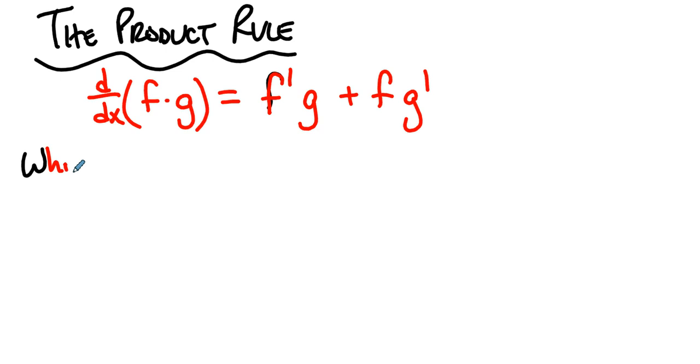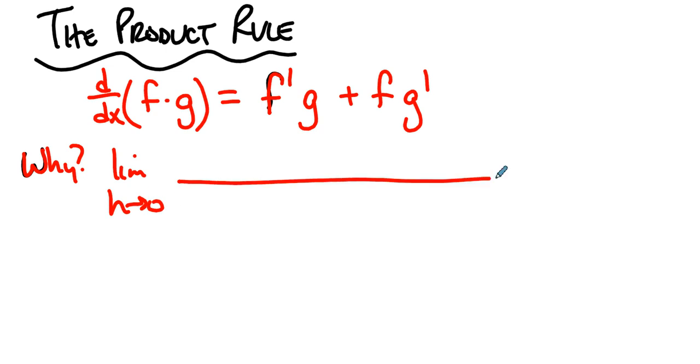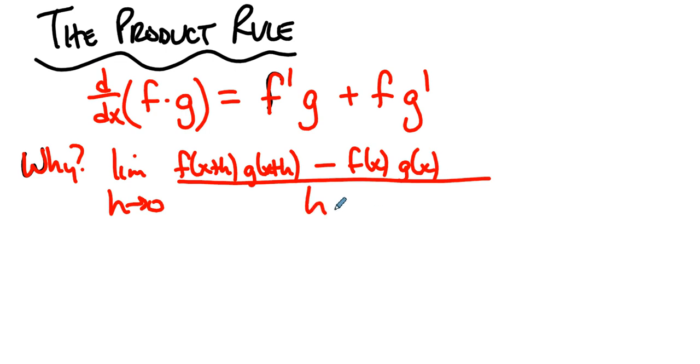Why? Well, let's take the limit as h approaches 0 of this at x plus h minus this at x over h.